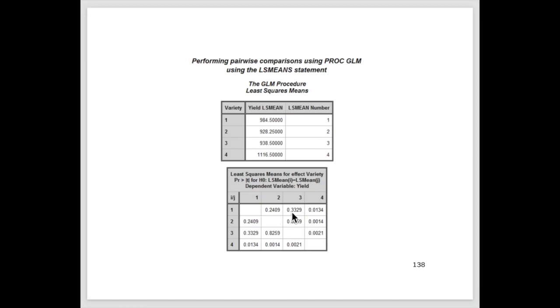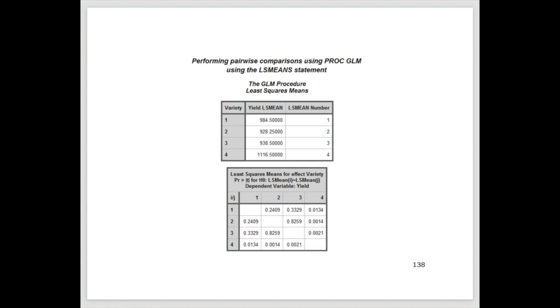The p-value comparing mu1 and mu3 is 0.3329. And then the p-value comparing mu1 and mu4 is 0.0134. The p-value for comparing mu2 and mu3 is 0.8259. The p-value for comparing mu2 and mu4 is 0.0014. And then finally, the p-value for comparing mu3 and mu4 is 0.0021.